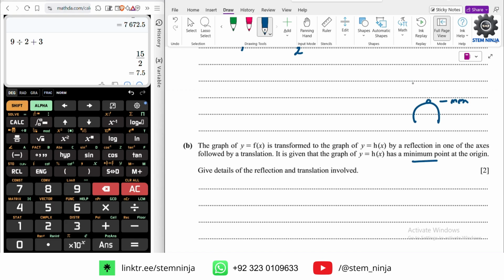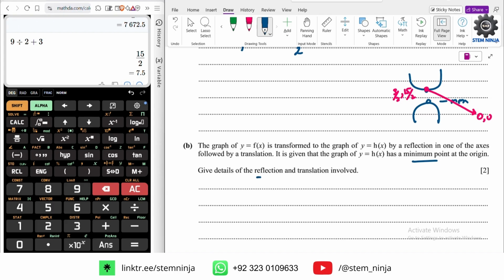To make it a minimum point, we have to reflect it, and then we need to translate this point, which is 3 by 2, 15 over 2, downwards to 0, 0. So that's what we have to do. We first have to do the reflection. Sorry, did I say y-axis first? No, sorry. We have to reflect it in the x-axis.